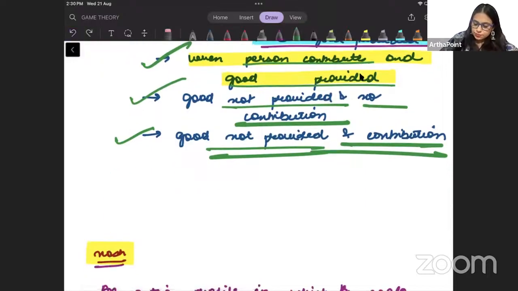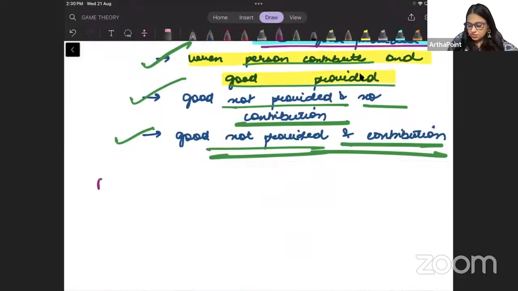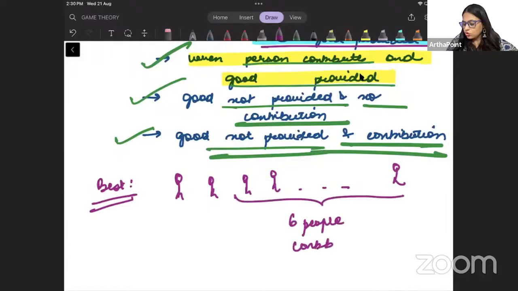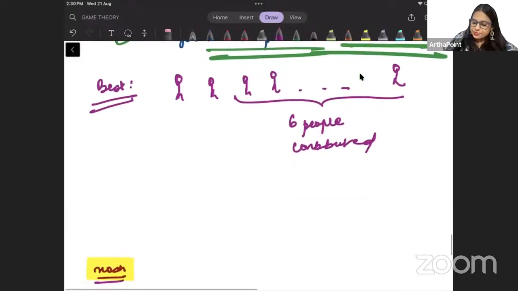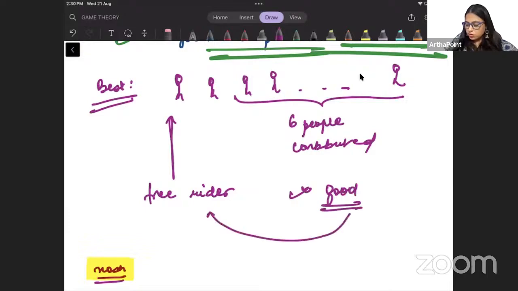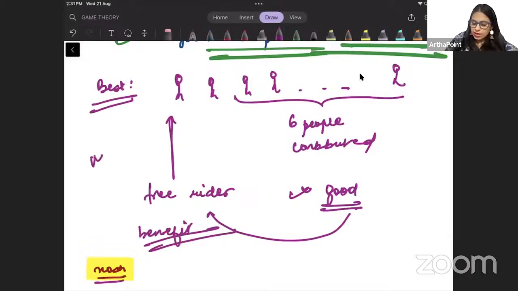देखो, best. What is the best option? So these are 10 people. These 6 people, they contributed. इन्होंने contribute किया. This person free rided. इसने contribute नहीं किया. He is a free rider. हाँ, good create हो गया. Public good is created. He will also get benefit from the good. है ना? He is most happy.